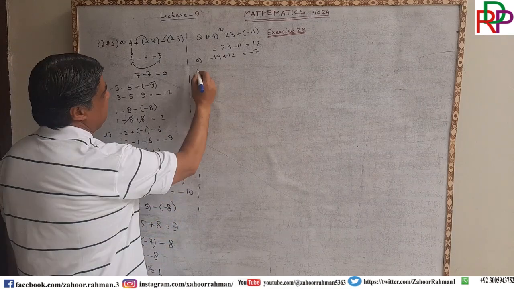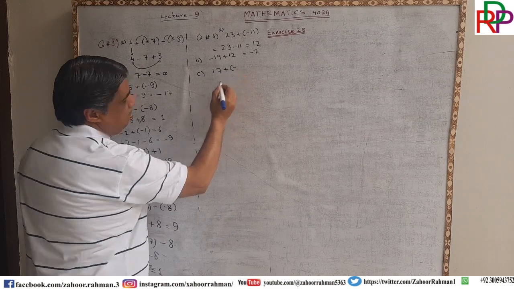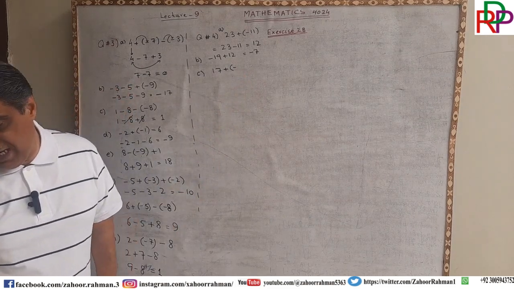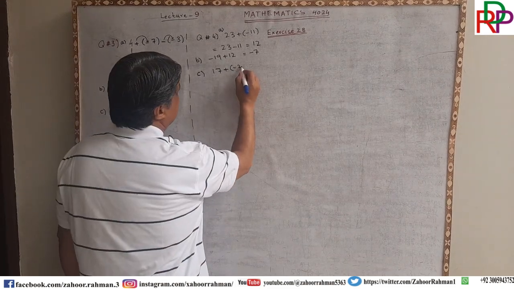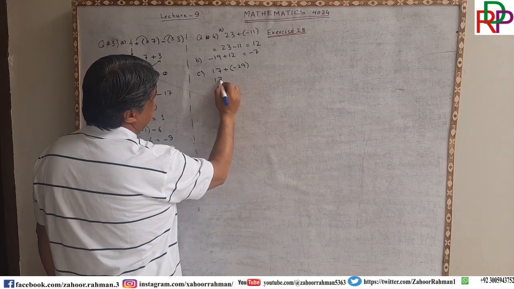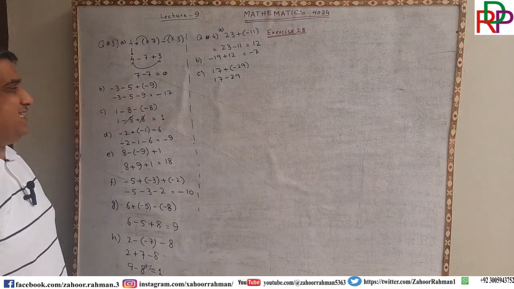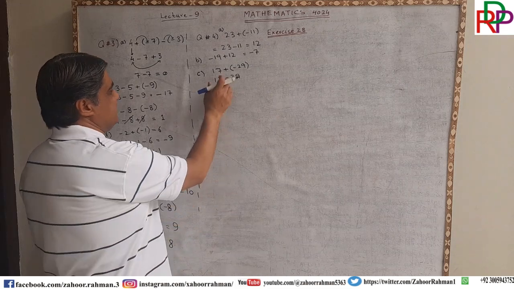C part is 17 plus minus 29. Ladies and gentlemen, this is 17 minus 29. Again, you can see that there are two different symbols.